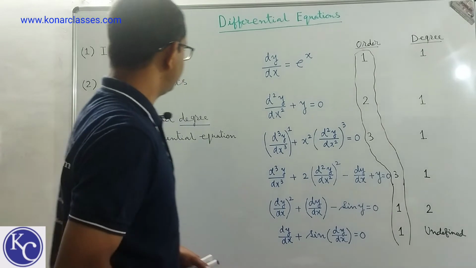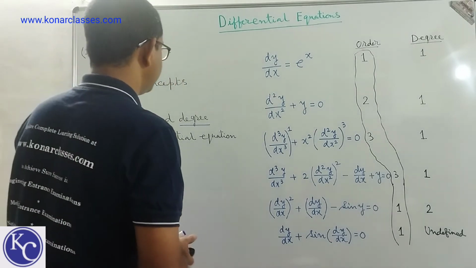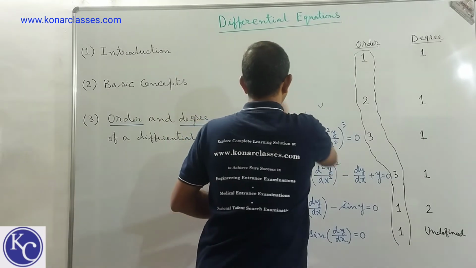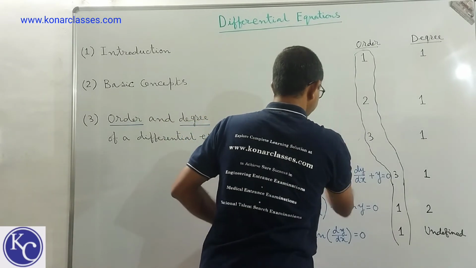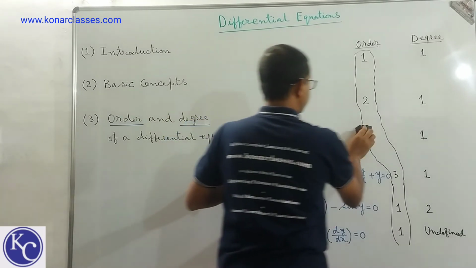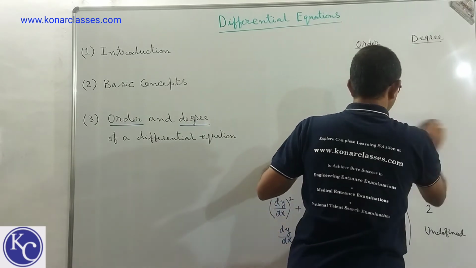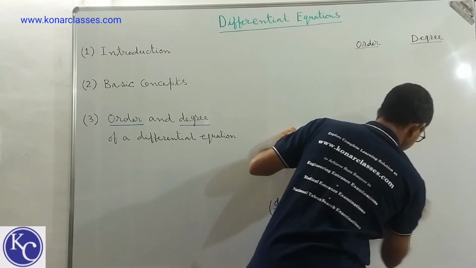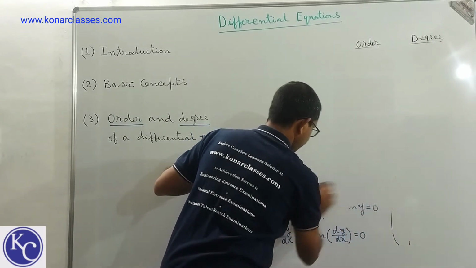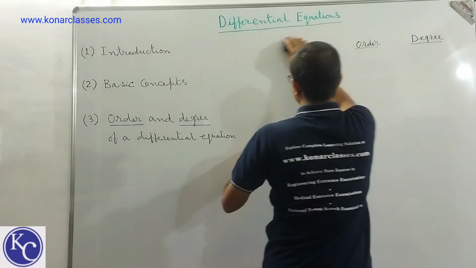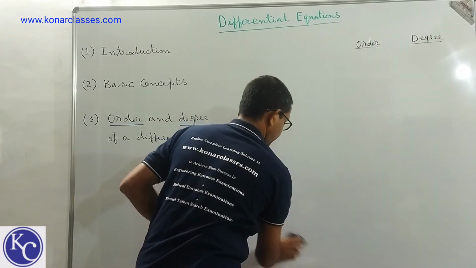So we have learned about the degree and order of a differential equation. Before we conclude, let me give you a few examples. You also please open your notebook and write along with me, and let's find the order and degree of these differential equations one by one.